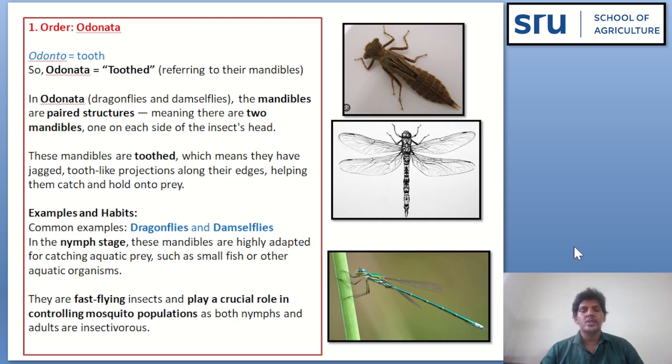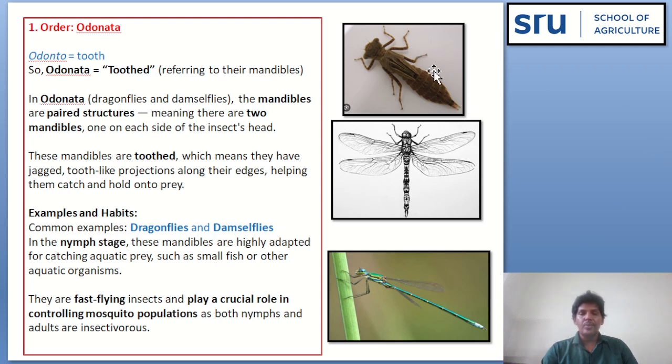Odonata, toothed insects, referring to their mandibles. Their mandibles are toothed. In Odonata, the mandibles are paired structures and these are provided with tooth-like projections. That's why the name of the order is Odonata. Example is the dragonfly and damselflies.